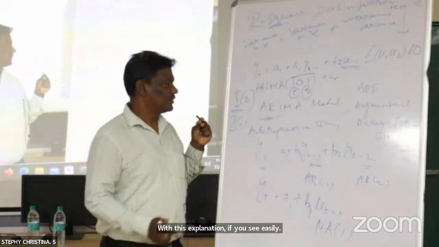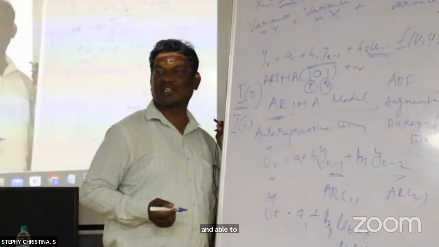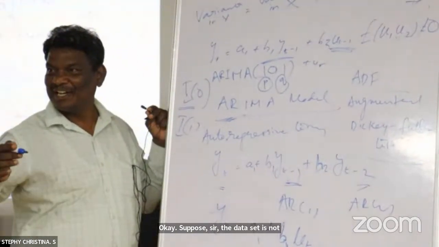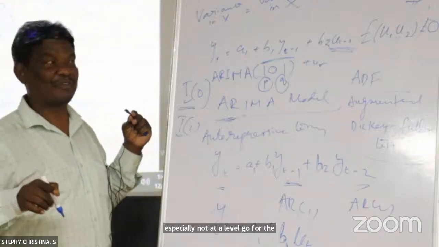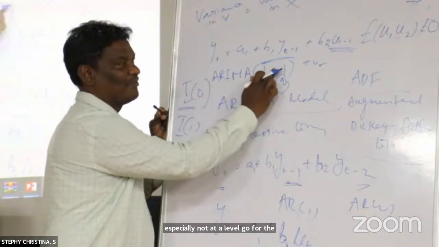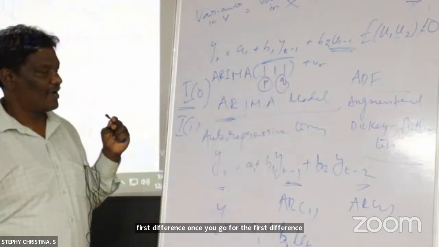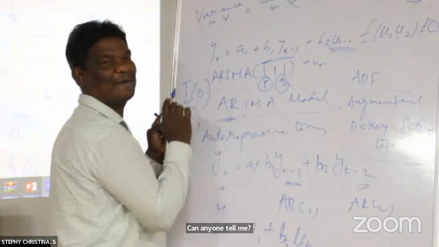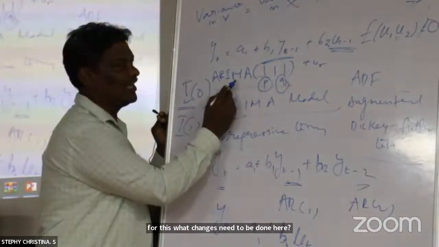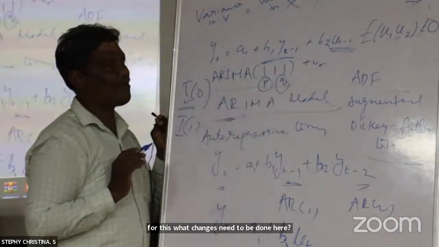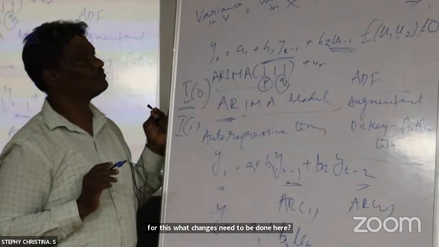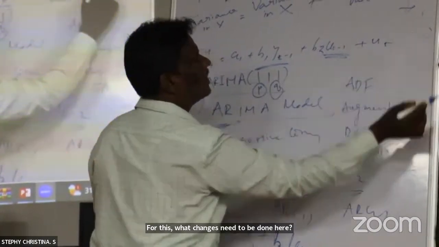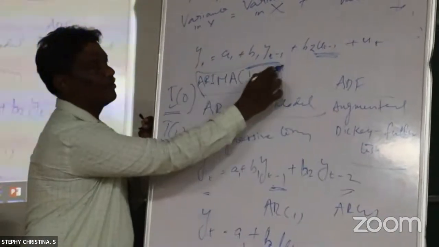Okay. Suppose, sir, the data set is not stationary at level, go for the first difference. Once you go for the first difference, 1, 1, 1. Very good. Can anyone tell me what changes need to be done here for this model?